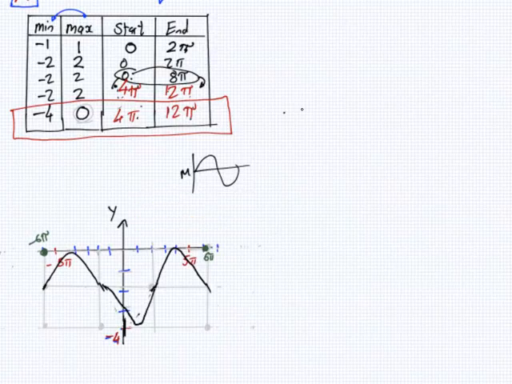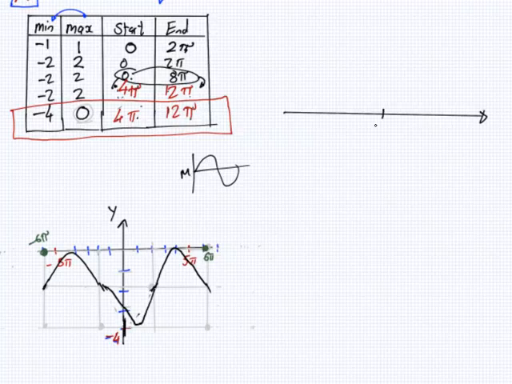So, how far should I go on my x-axis? Yeah, I should go minus 12 pi to 12 pi, and here is 0. Okay, fine? Now, because I have a 4 here, maybe I should go up in 4s. So this could be 4, 8, 12, minus 4, minus 8, minus 12.